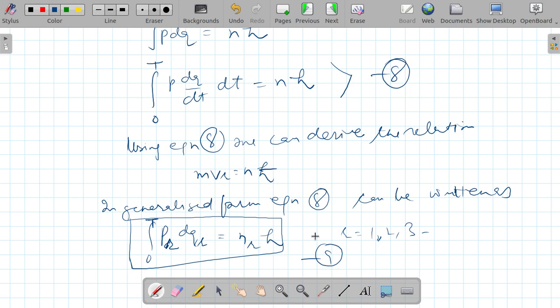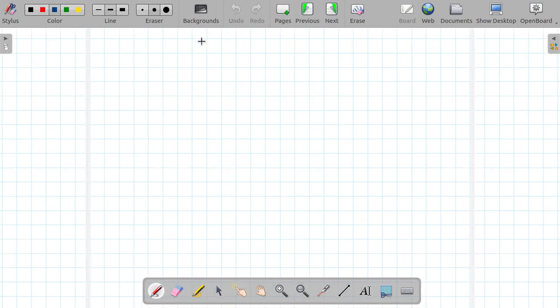Now, two things are there. One is Bohr's postulate, and another is the Bohr-Sommerfeld quantization rule.